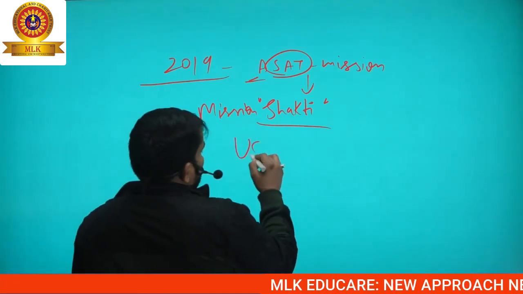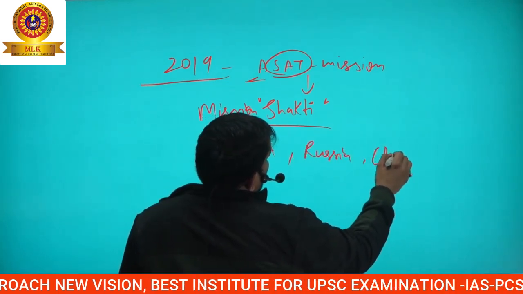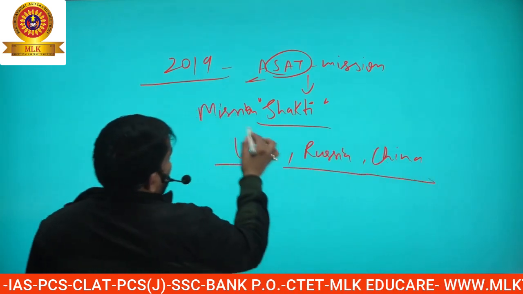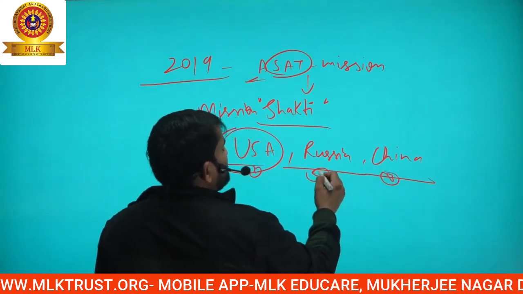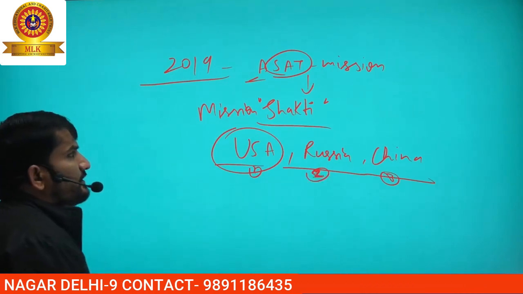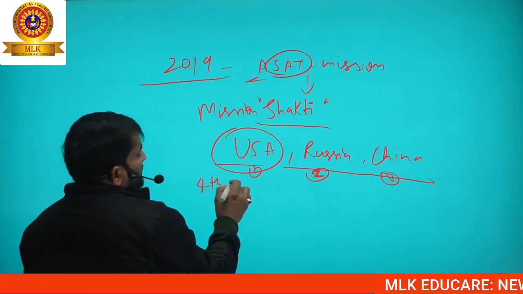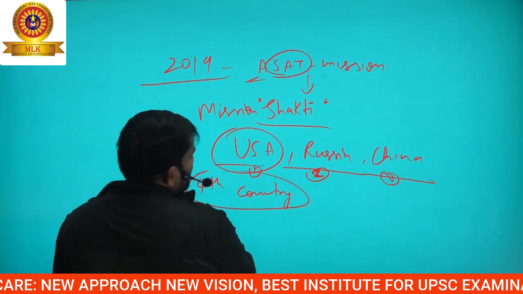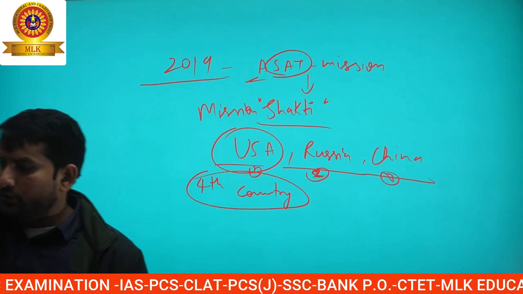The first was the USA, then Russia, and then China. These are the three countries which have anti-satellite missiles, but now India became the fourth country having the anti-satellite capability.